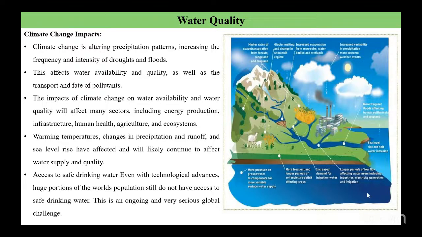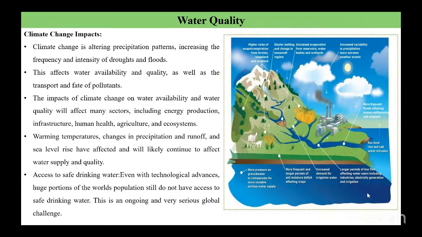So with warmer temperature, there is less rainfall, or sometimes even more rainfall than the previous year, increasing the frequency and intensity of droughts and floods, and destroying human livelihoods and the ecosystem. This affects the water availability and also the quality, as well as the transport and fate of pollutants.